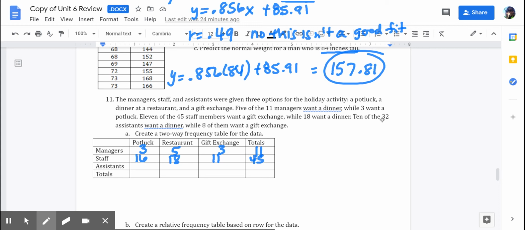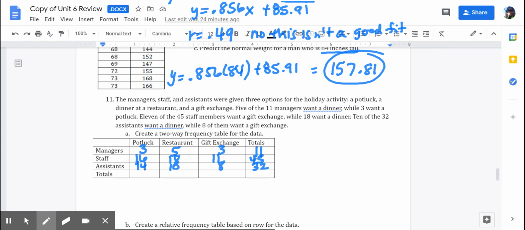Finally, 10 of the 32 assistants want a dinner, while 8 want a gift exchange. So 10 plus 8 is 18, 32 minus 18 gives me 14.